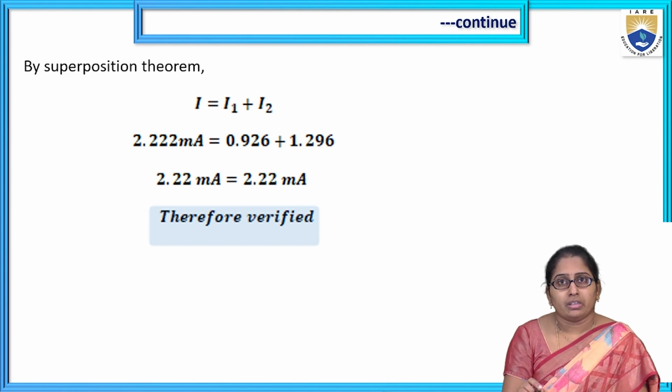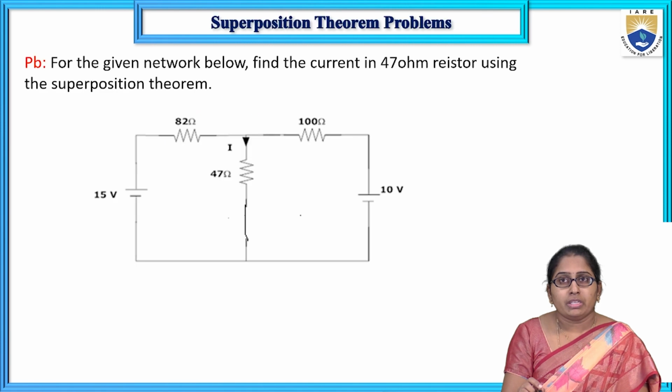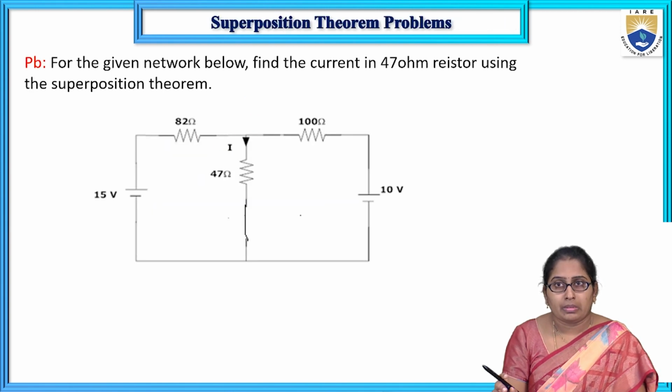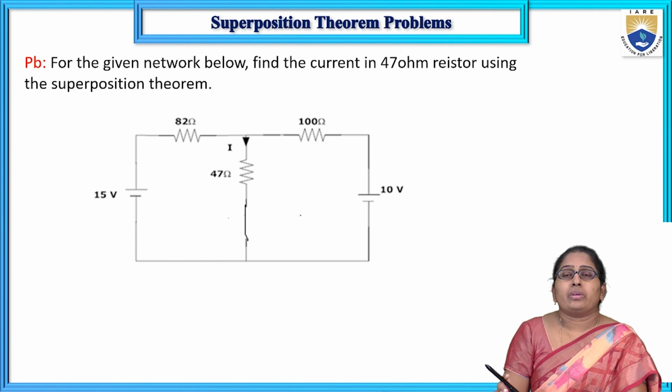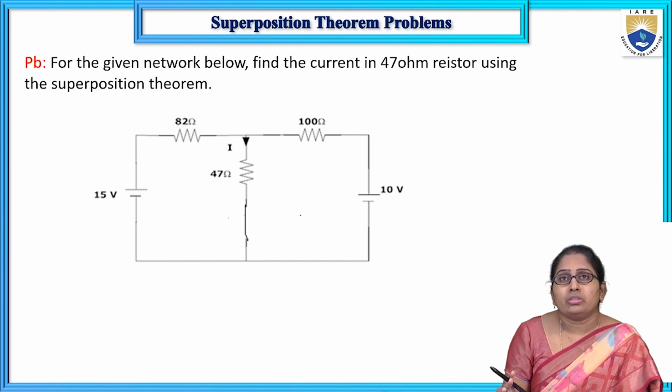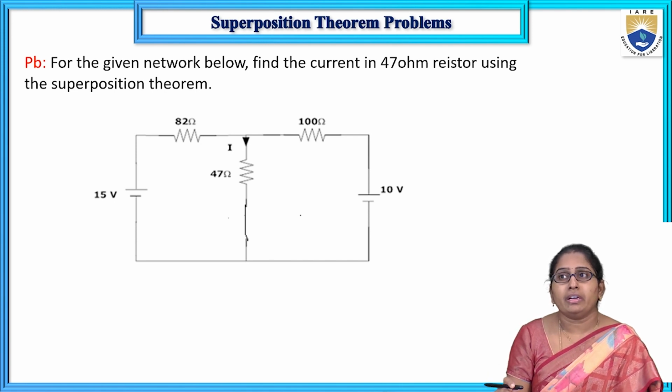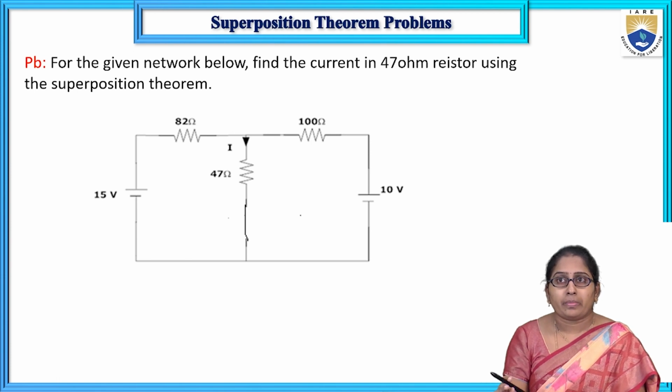So that is about one problem. Next we see one more problem. For the given network, find the current in the 47 ohm resistor using the superposition theorem.